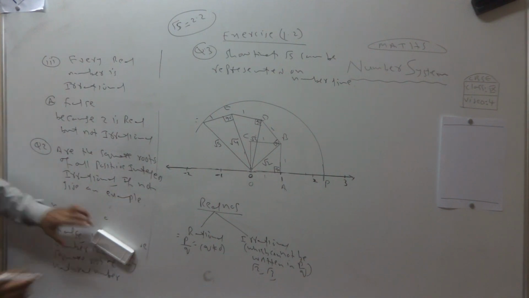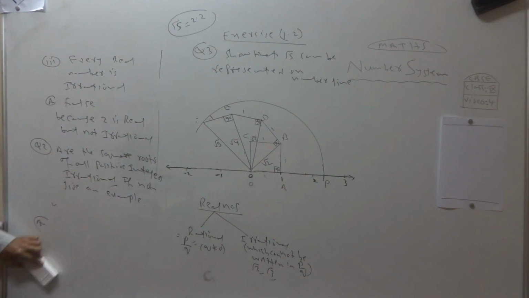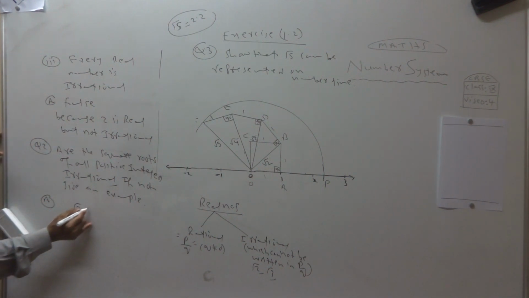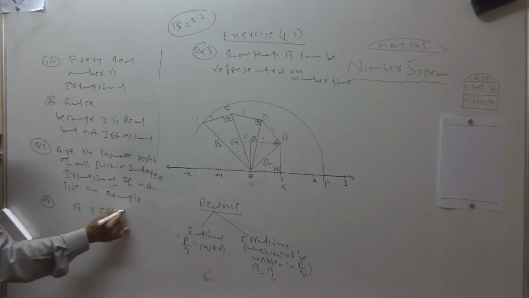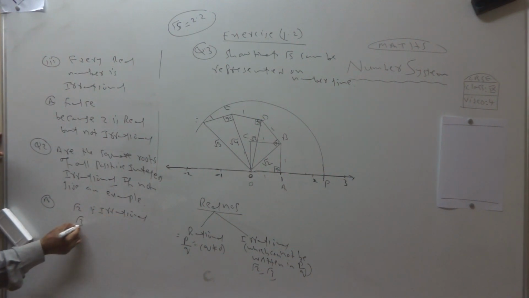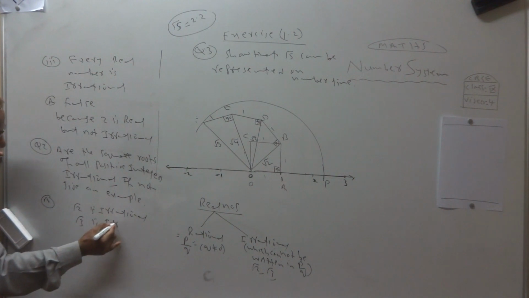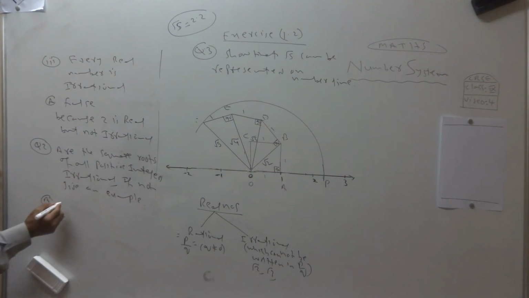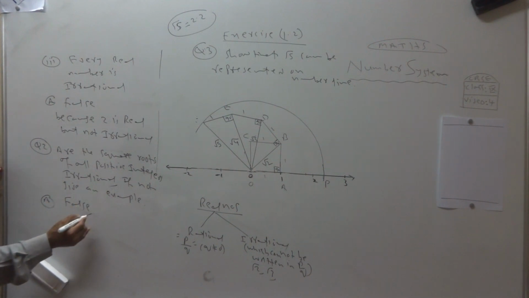Yes, please see. Don't think that all root numbers are irrational. Root 2 is irrational. Root 3 is irrational. So first, we write the answer: no, it is false. Why?